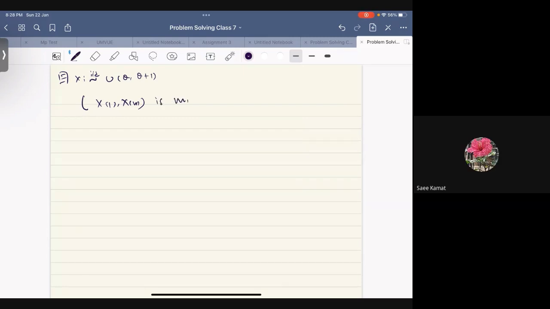So UMVUE for this doesn't exist, because UMVUE is obviously a function of the complete sufficient statistic. So we cannot say that only X order 1 is sufficient, right? Only X order 1 is not sufficient because it depends on theta in an indicator way.